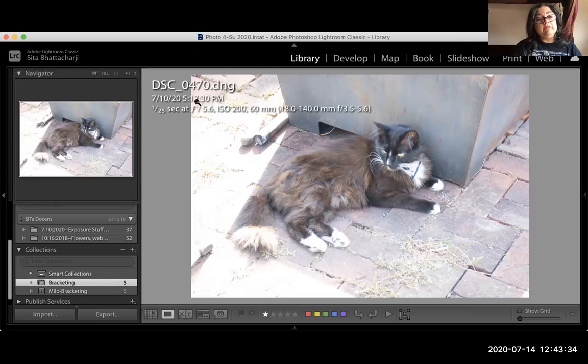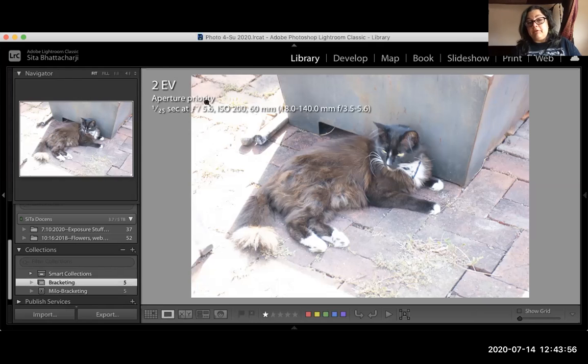If I click on the letter I again, it toggles to a second screen, and it says 2EV. That means I used that plus minus button, the exposure compensation dial, and set it to +2. So this is telling me that I overexposed by 2 stops.